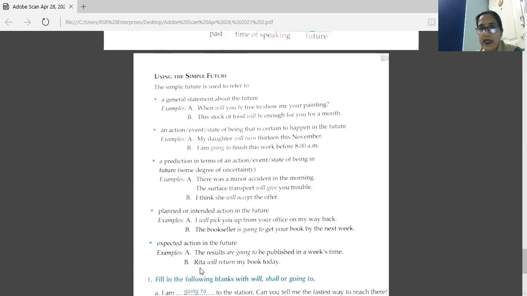Next example, Rita will return my book today. This is also an expected action that this should happen. So here we have will return for that condition. So this way we can use simple future tense in different sentences.